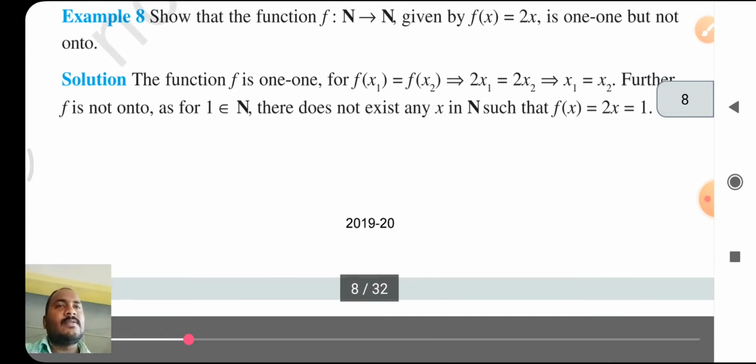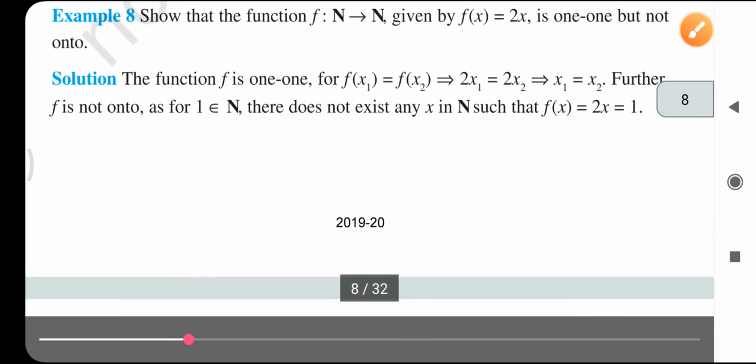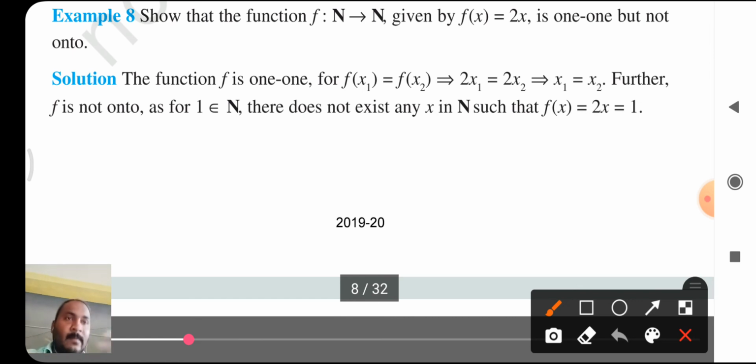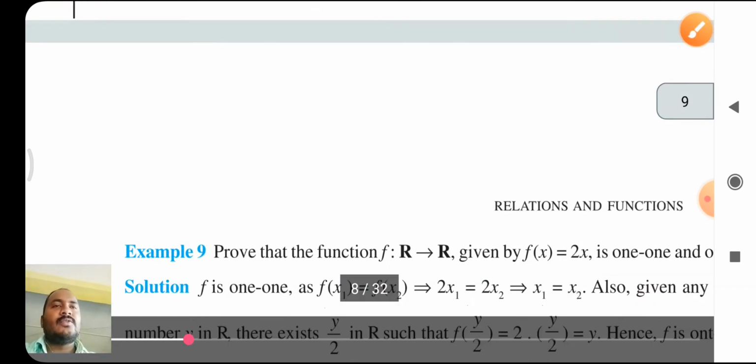Because of this, f is not an onto function. This is the solution of this example. Next, move on to the next example.